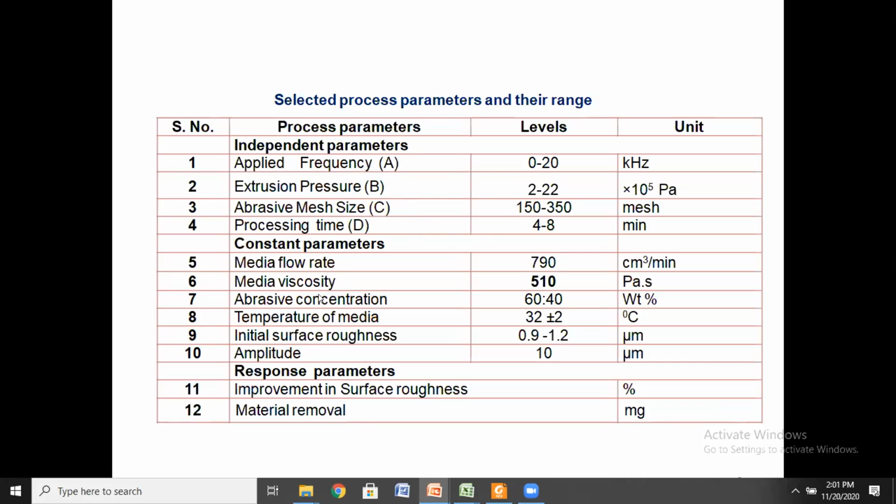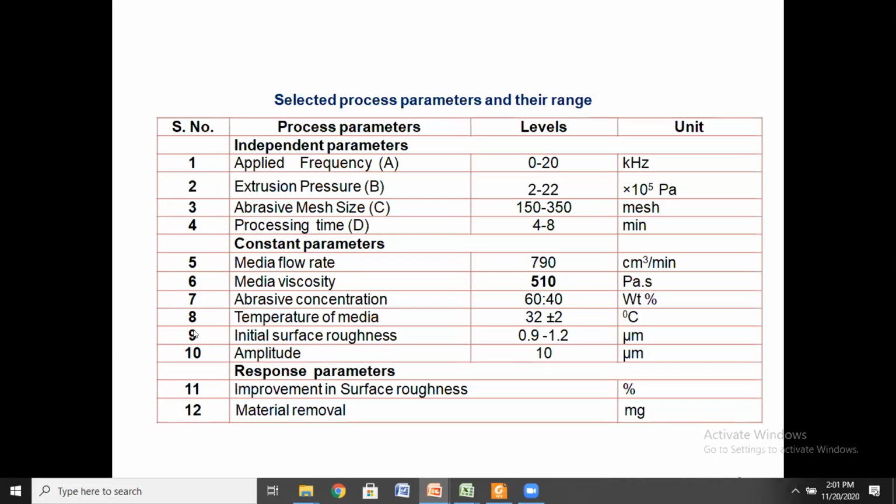The constant parameters. In the AFM study, the major constant parameters are those which do not have much influence, which are not getting a curvature, etc., so they were taken as constant parameters. These are media flow rate, media viscosity, media concentration or abrasive concentration, temperature of the medium, initial surface roughness, and the amplitude.